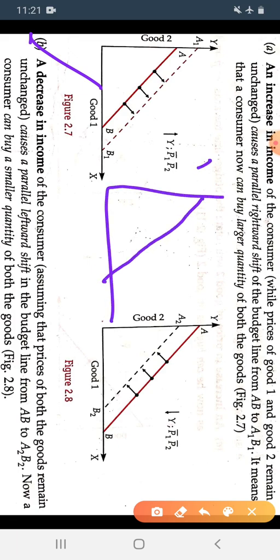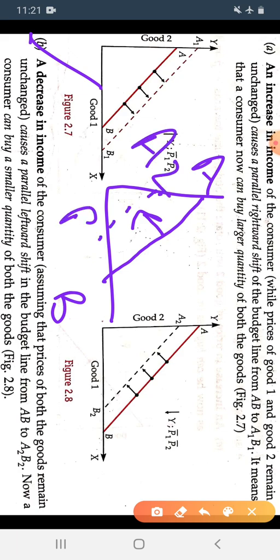If the curve is AB, when income decreases, the curve will shift to the left, to A2 B2. So the consumer can buy a smaller quantity of both goods, because the income of the consumer has decreased compared to the previous condition.